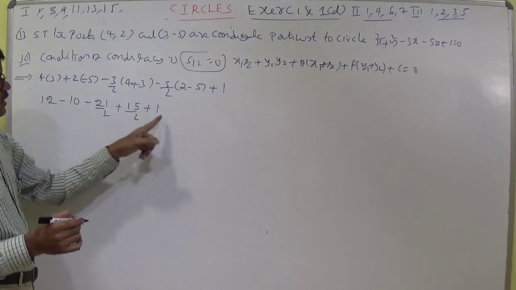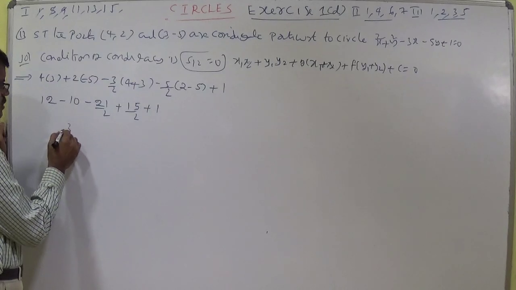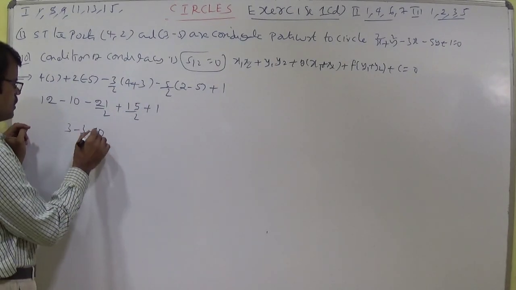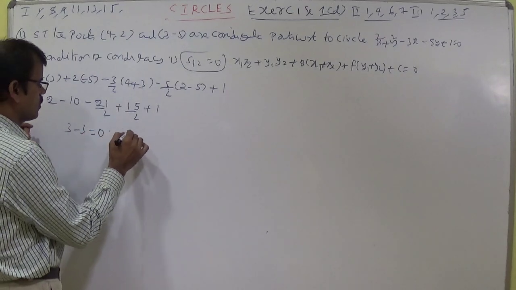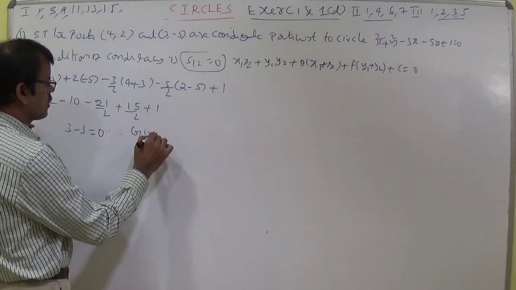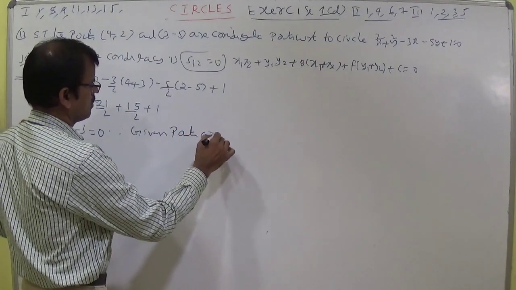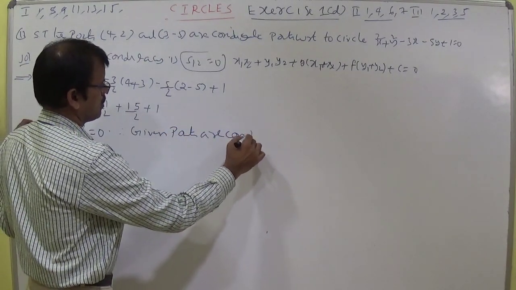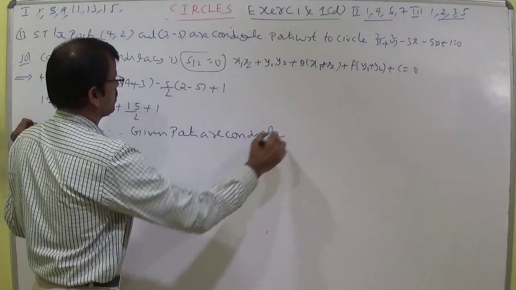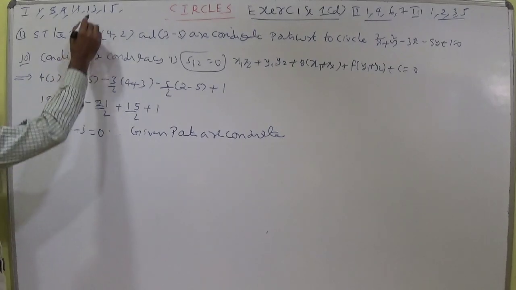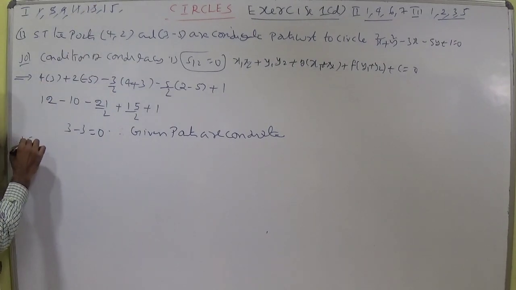So 12 minus 10 plus 1 is 3, and minus 21 plus 15 is minus 6 by 2, which is minus 3, giving 0. Therefore, the given points are conjugate with respect to the given circle.